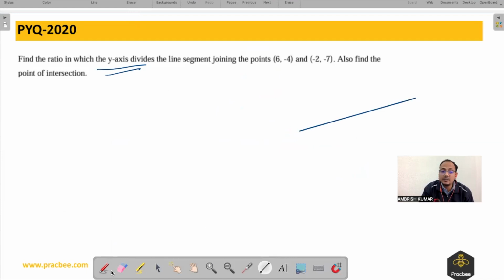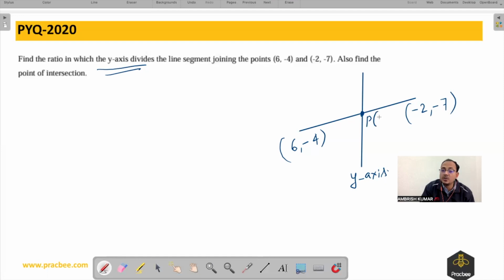This is the line segment, 6, -4 and -2, -7, and this is getting divided by the y-axis. Let us say this is the dividing point. The coordinate for this point is going to be 0, some value of y. We have to find the ratio in which the y-axis divides the line segment joining these 2 points, and then we have to find the point of intersection.